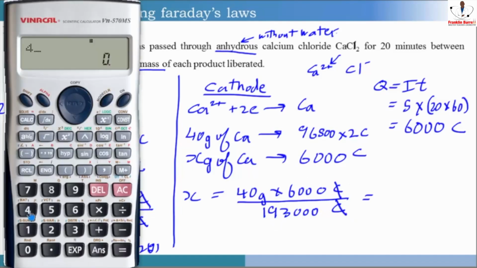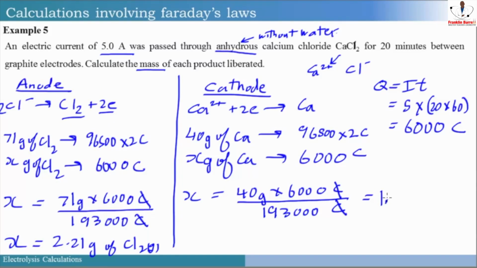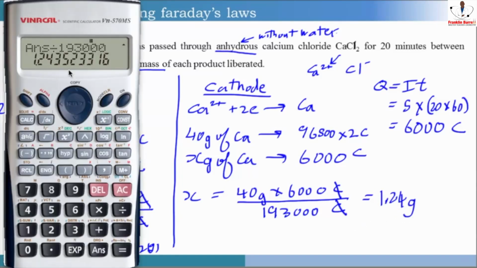So 40 grams times 6,000 is equal to 240,000 here. And that now we will divide by 193,000 there. And that will give us a value of 1.24 grams. So 1.24 grams of calcium was deposited at the cathode.